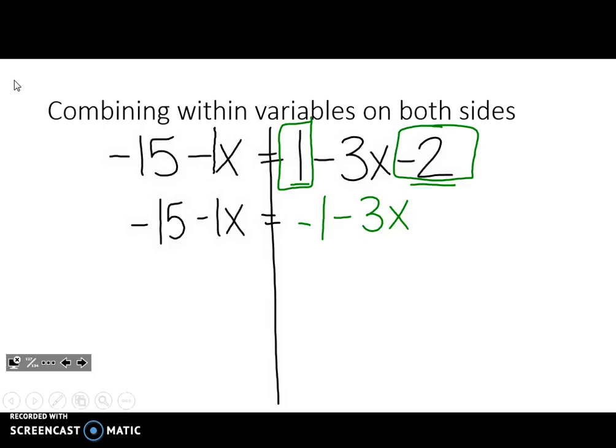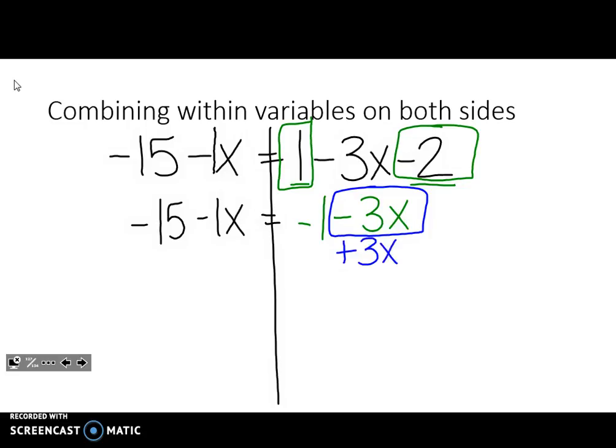All right, so we've combined everything we can on the left and everything we can on the right. Now it's a variables on both sides problem. So choose one set of variables to move to the other side of the equal sign. Make sure you use the opposite operation.